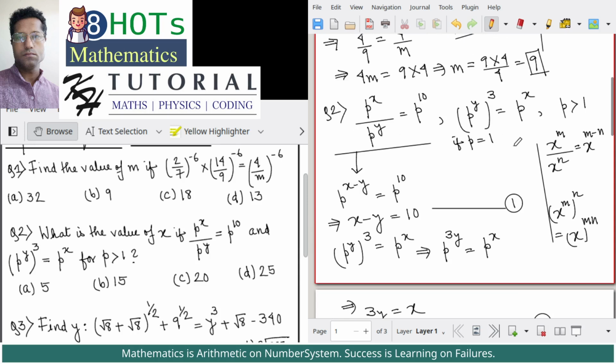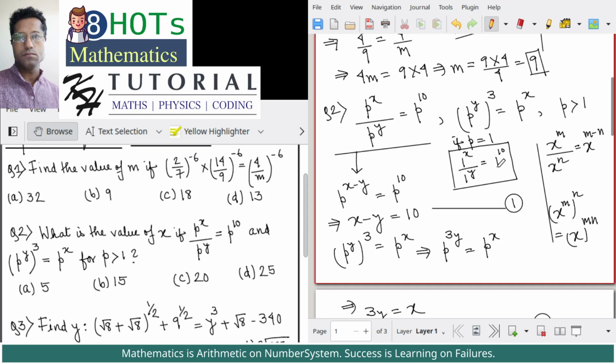If p is equal to 1, the first equation is 1 to the power x divided by 1 to the power y is equal to 1 to the power 10.